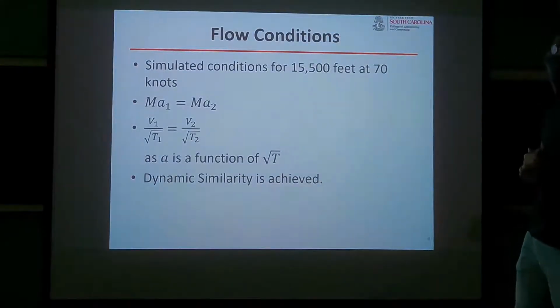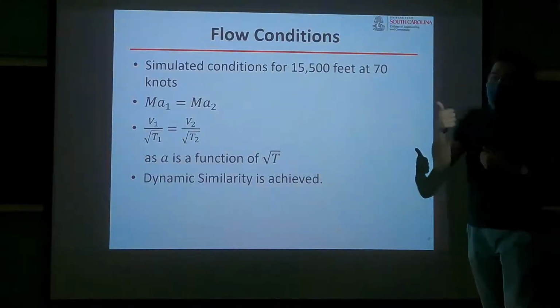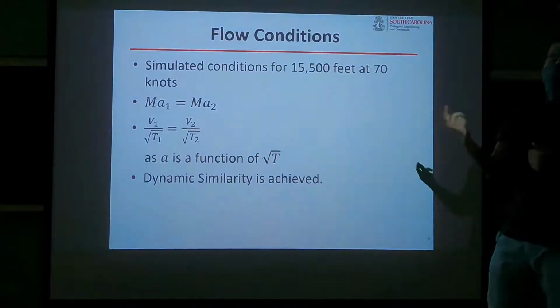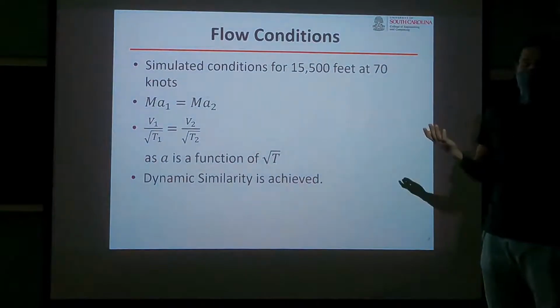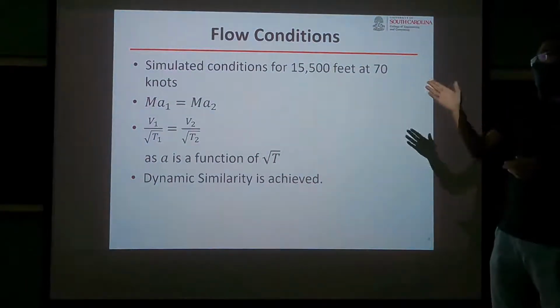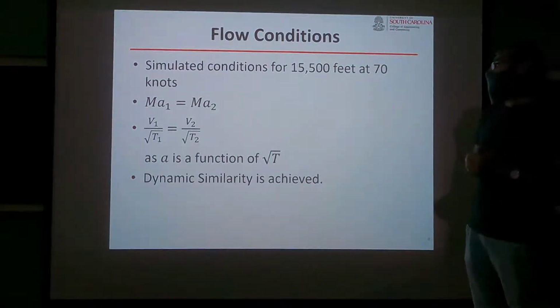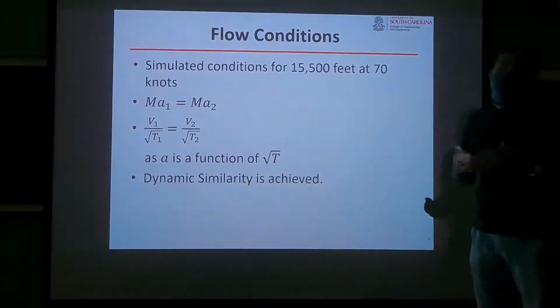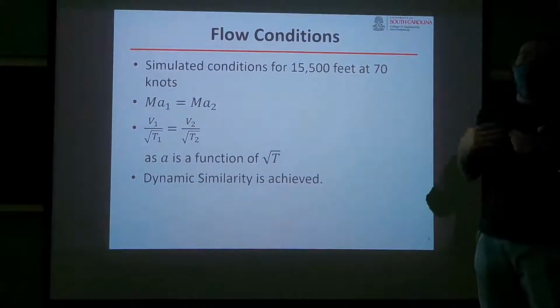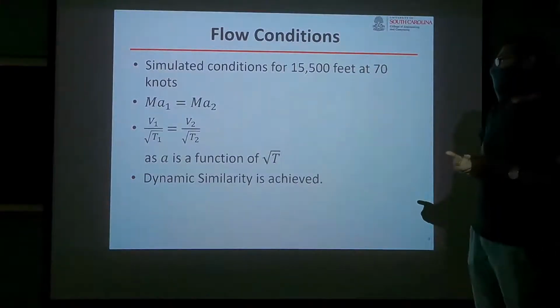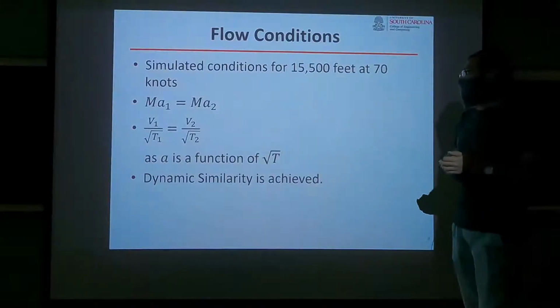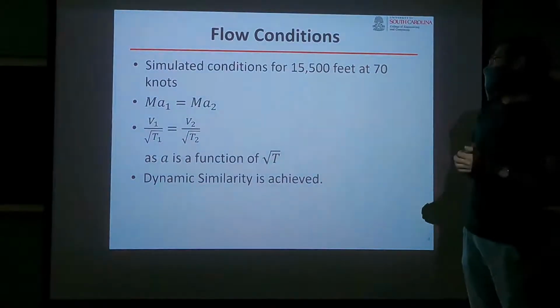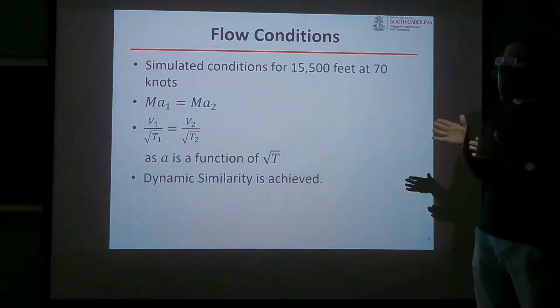So we have attained a geometrical similarity with a scale model. For flow similarity, for dynamic similarity, we had to look up what the steady speed and steady height of the airplane were. After some research, you find out the steady state velocity.